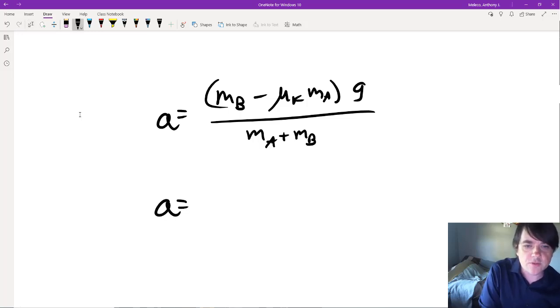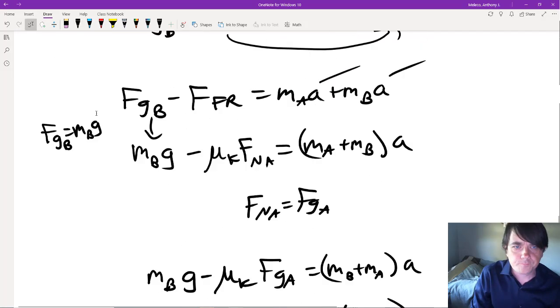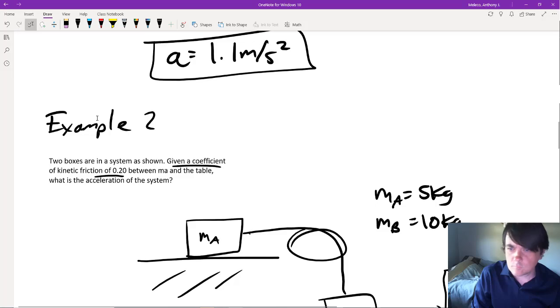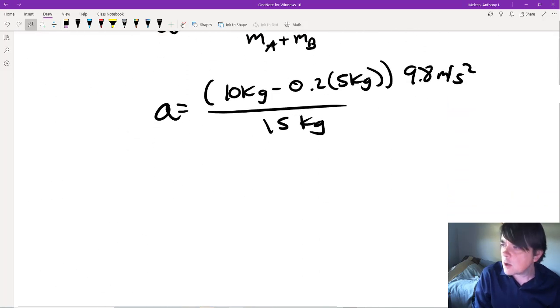So now all we need to do is plug in. MB, I believe, was 10 kilograms minus 0.25 times 5 kilograms. I'm just going to scroll up to make sure I did that one right. Yeah, 5 and 10. Cool. And so what do we get when we do all this?